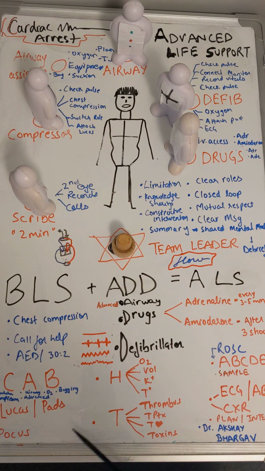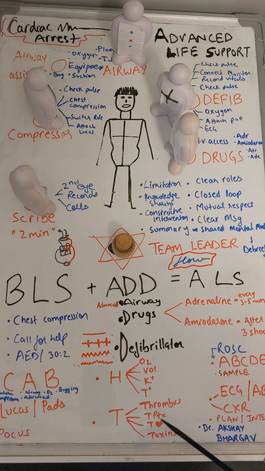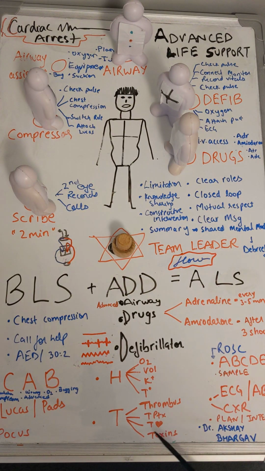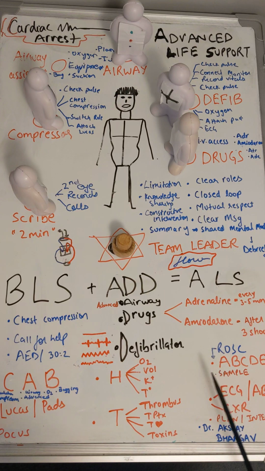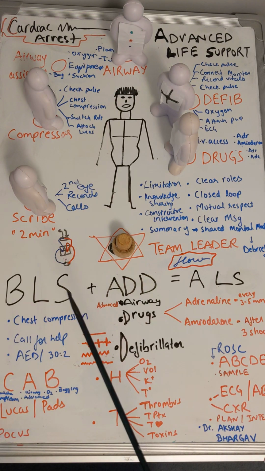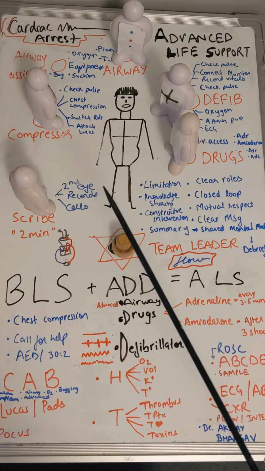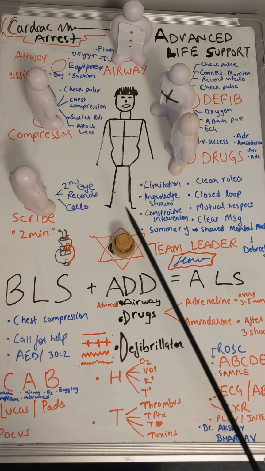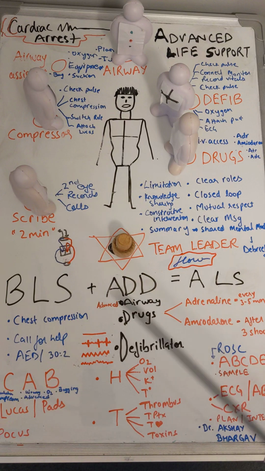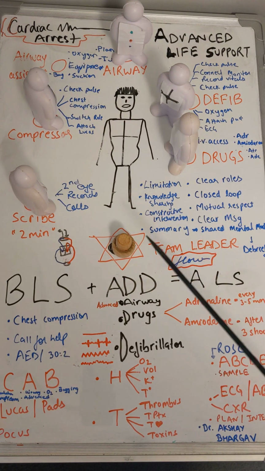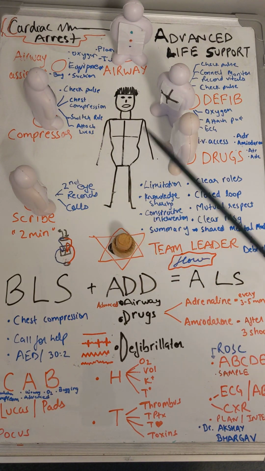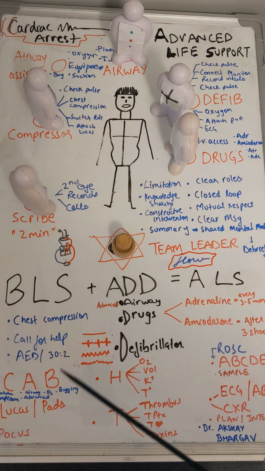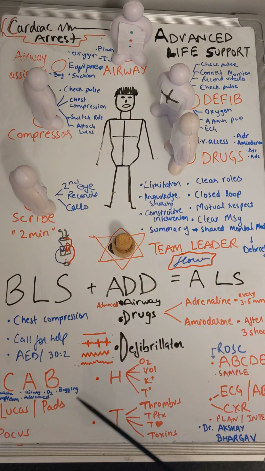POCUS means point of care ultrasound. So an ultrasound can tell you about, say, tension pneumothorax or cardiac tamponade, and the activity of the heart. Now, as you are running the code, you are ensuring good quality chest compressions are on, that the patient has good chest rise or an advanced airway has been placed, and you are ensuring good team dynamics.